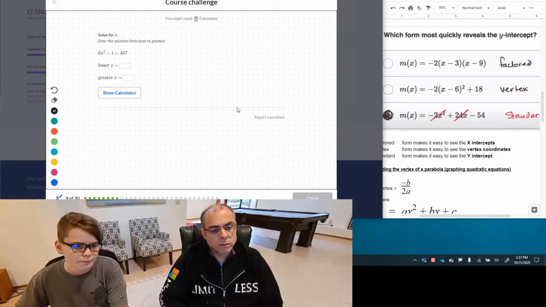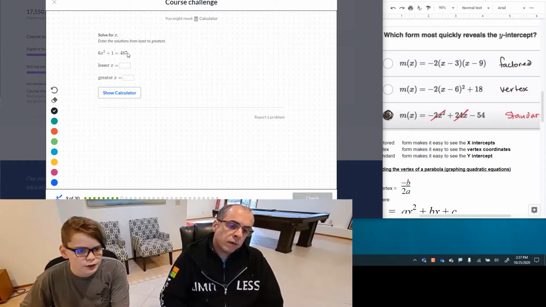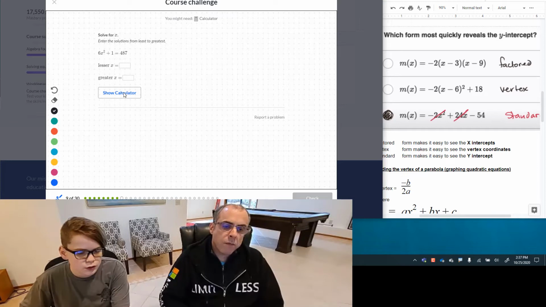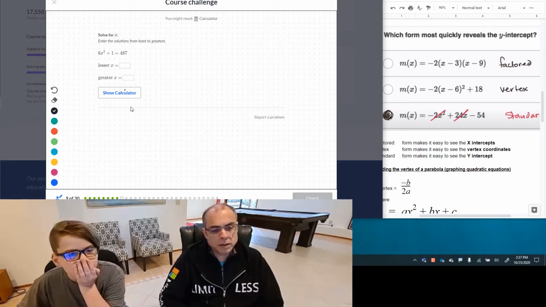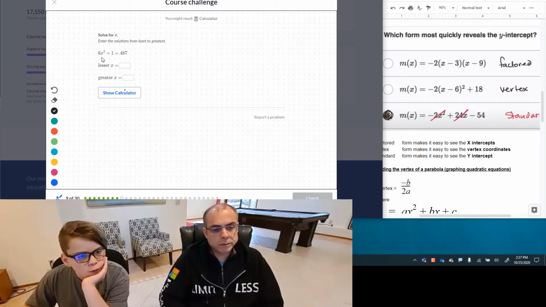So, could we divide each side by 6? Well, 487 doesn't divide by 6, does it? How do you know? Well, it ends with a 7, which is an odd number. But if we minus 1 from each side, then yeah.